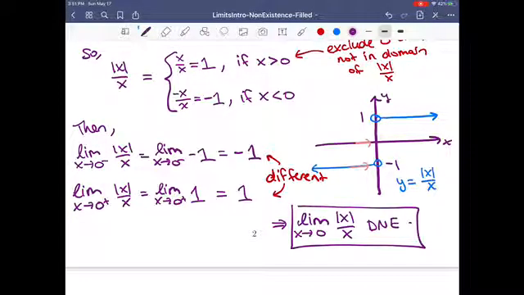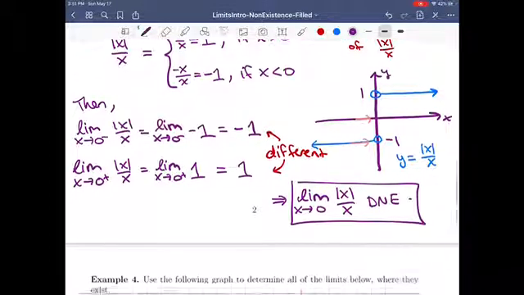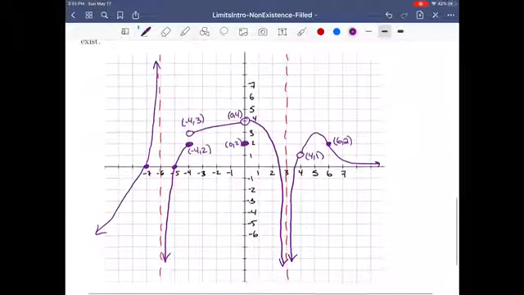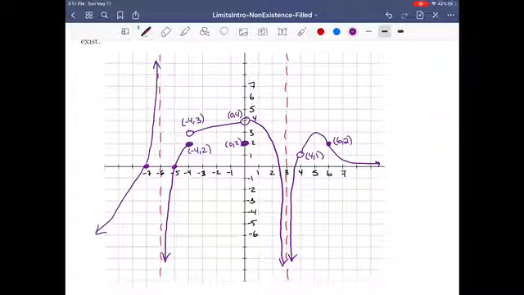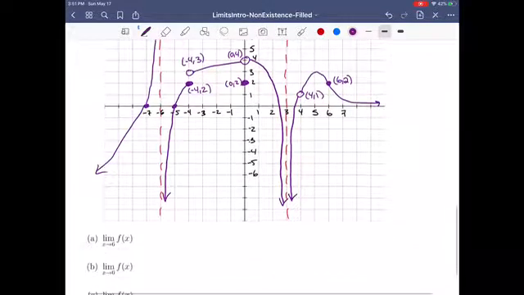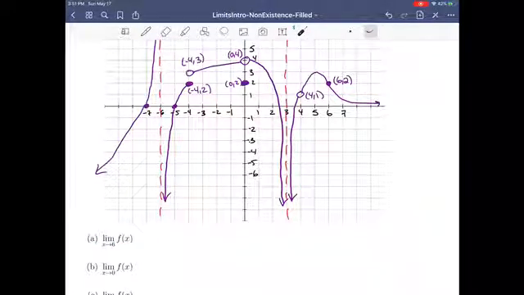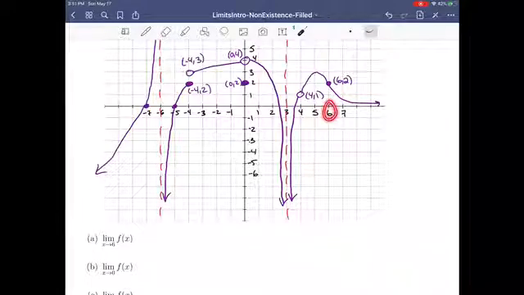Now I just want to talk about one more, but with a graph. We have a bunch of different ones here, but we're reading from the graph. So here's a function, f of x. There's a whole bunch of points that are illustrated here. First of all, I want the limit as x goes to 6. Again, two-sided limit. So we want to think about when x is getting close to 6.